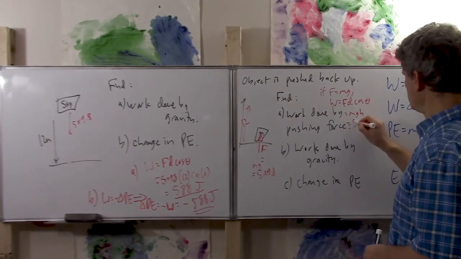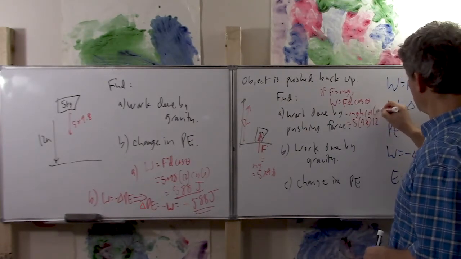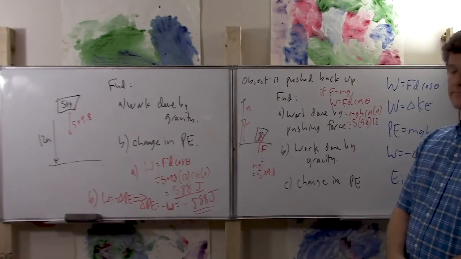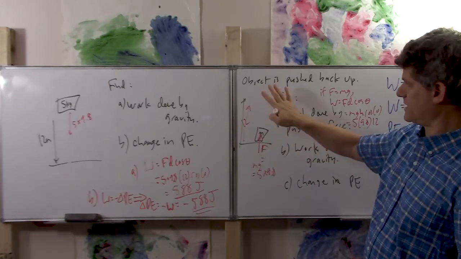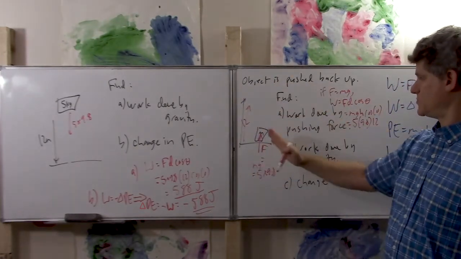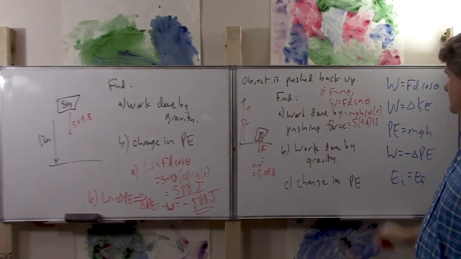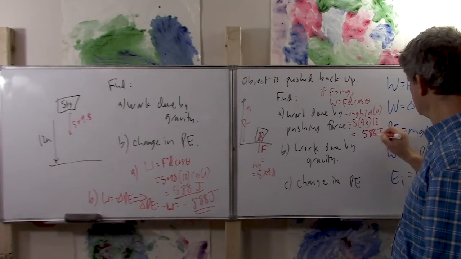So that's going to be 5 times 9.8 times 12 cosine of 0. Because like I say, your pushing force now is in the direction of your displacement. This is like a separate problem from that. We're pushing an object back up. So the displacement now is positive. So that's going to get you positive 588 joules.